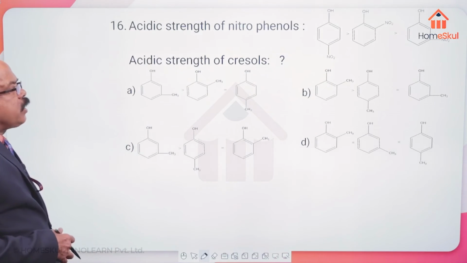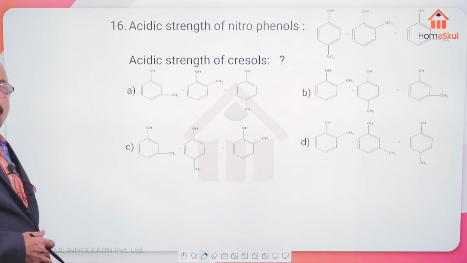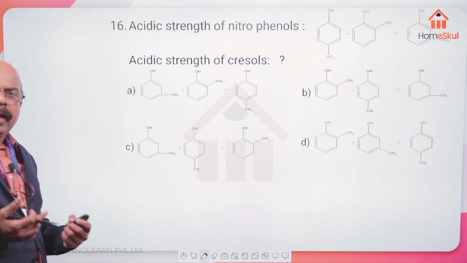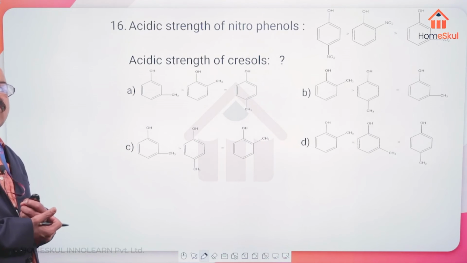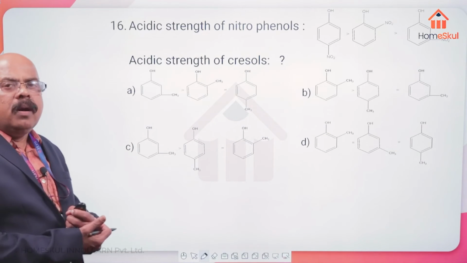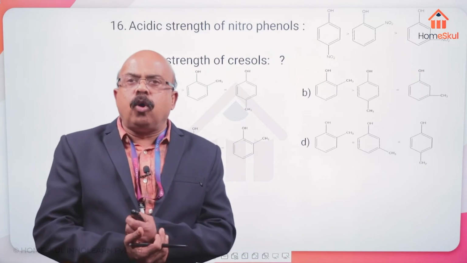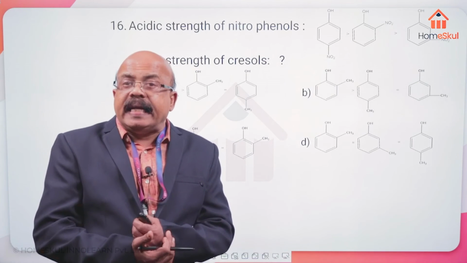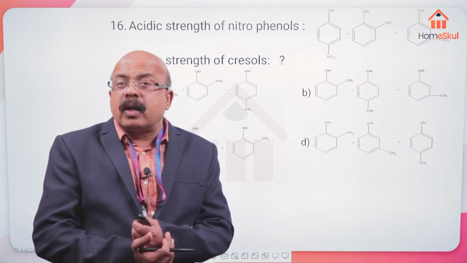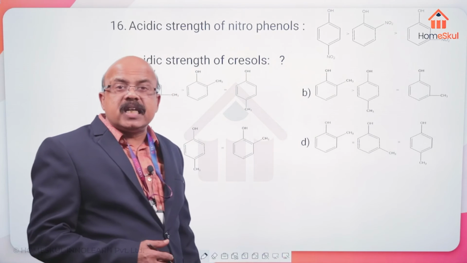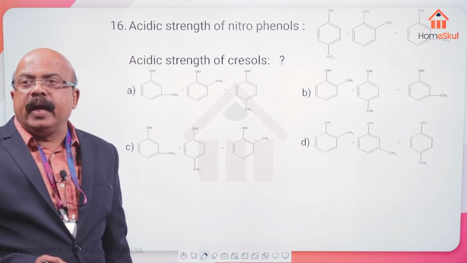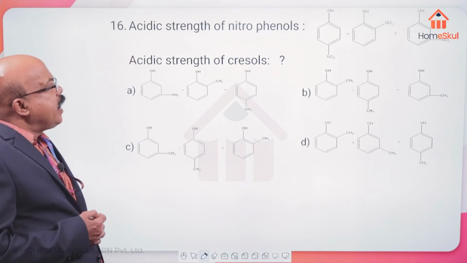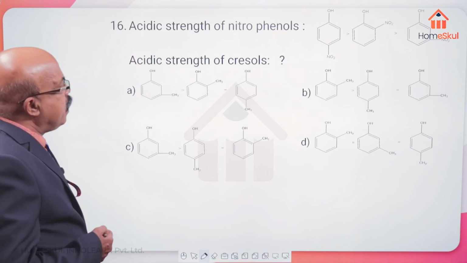The para-nitrophenol is more acidic than orthonitrophenol. Normally, orthonitrophenol should be more acidic than para-nitrophenol. But in orthonitrophenol, due to the presence of intramolecular hydrogen bonding, that becomes less acidic. So para-nitrophenol is more acidic than orthonitrophenol, more acidic than metanitrophenol.